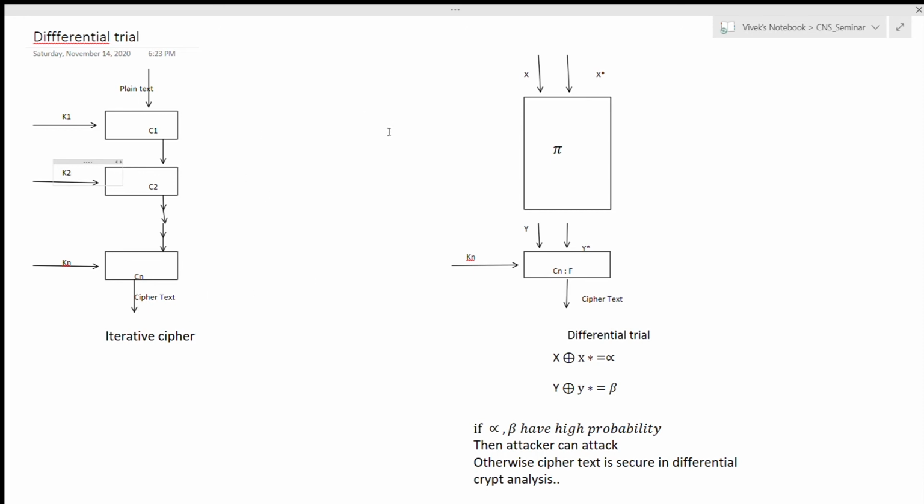Now this is the same case where we only consider the last cipher function. The other functions, we made a block of them named pi.